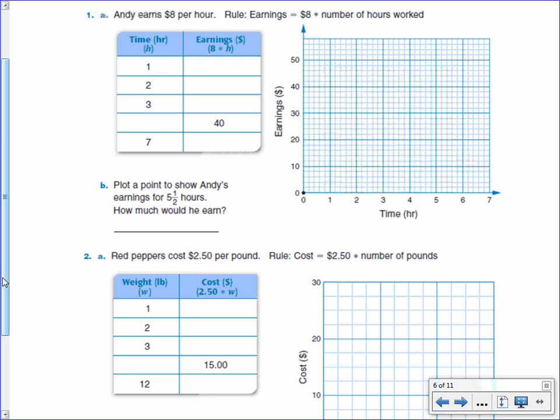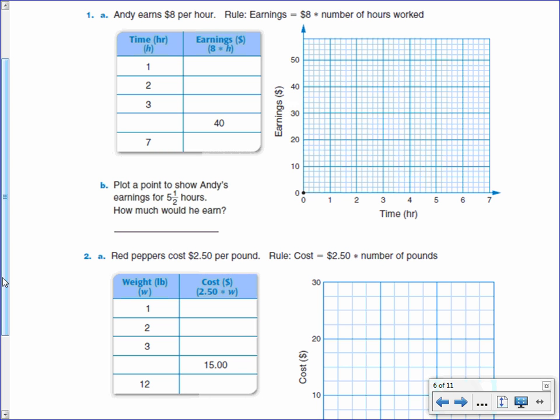This is kind of a smaller version of what we just did. Andy earns $8 per hour. What's that magical word that was just in that sentence? Per, which means it is a rate. So again, they were a little nice to you.